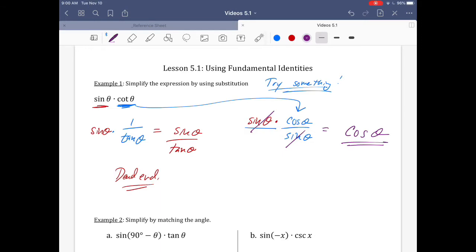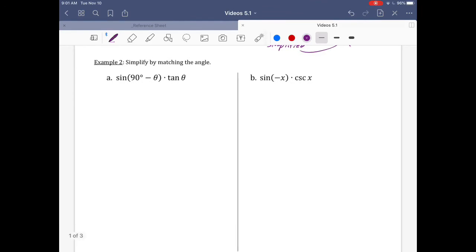So what this is saying is that the sine times the cotangent is equivalent to the cosine of theta, because we simplified this to get that. There are a couple of different ways to verify that we are accurate, which we will discuss in class. So make sure to come with any questions in class about this one. And in just a second, we will get started looking at example number 2.